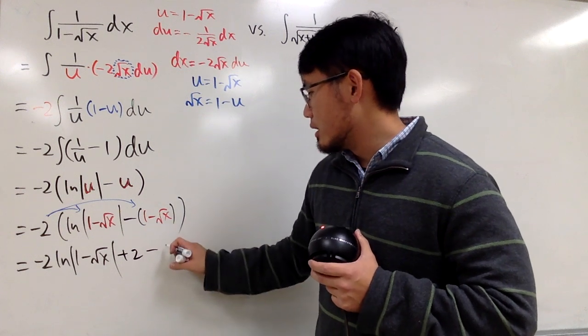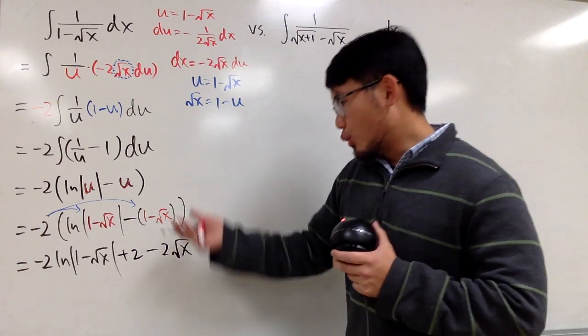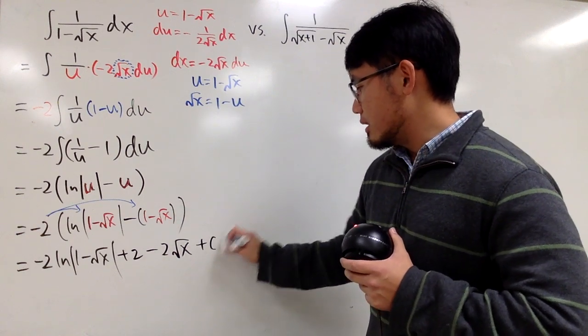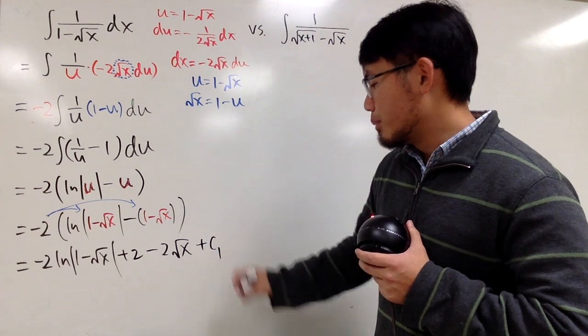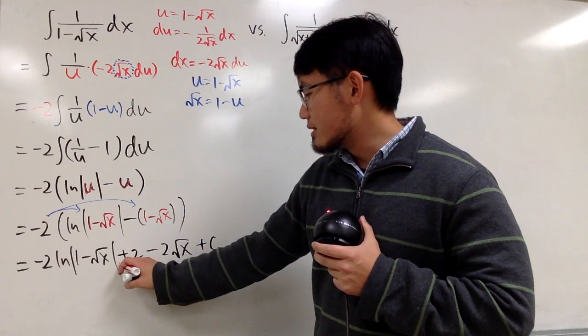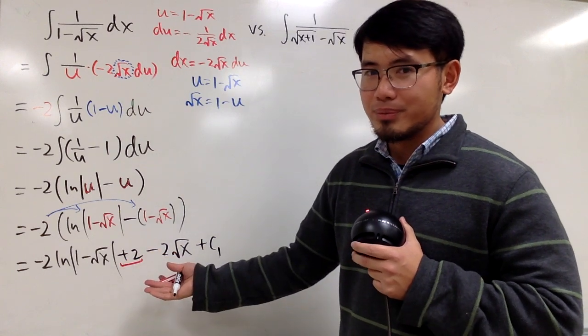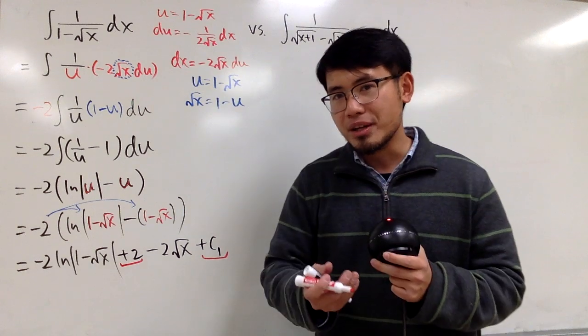So it's negative. And you have the 2 square root of x, like this. So you're all done. Right here, you can put plus c. If you want to leave the answer right here, that's okay. But I will label this as c1, because I notice I have another constant here, namely just a 2. 2 plus c1, you can merge them together.